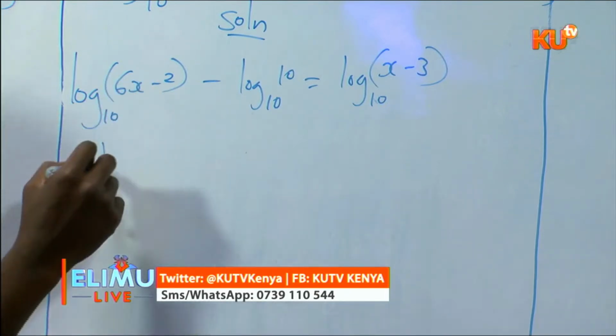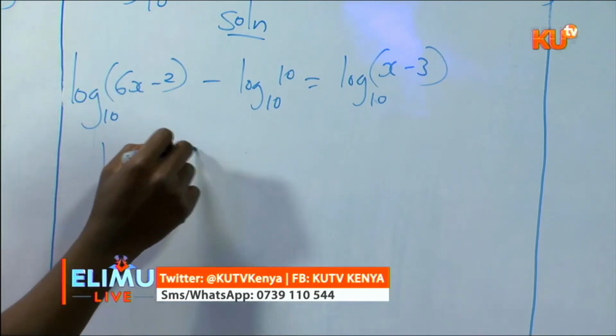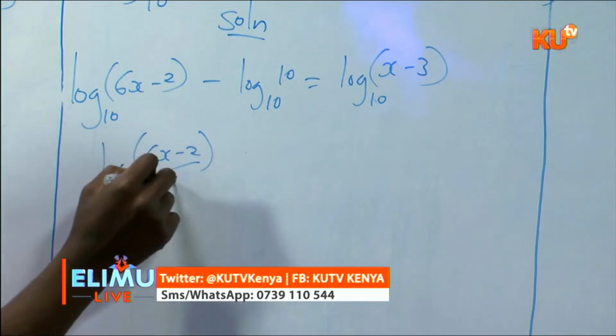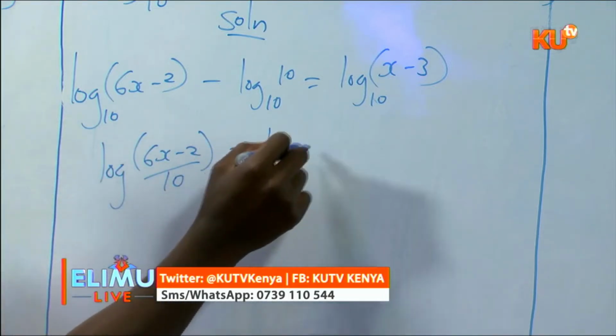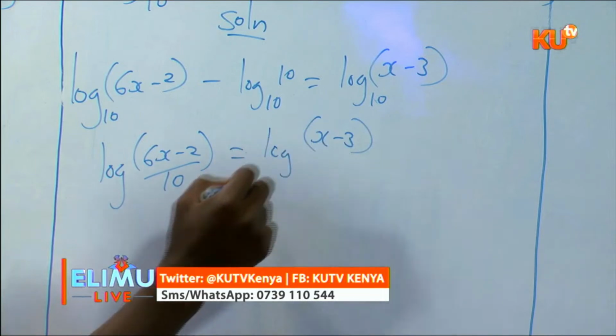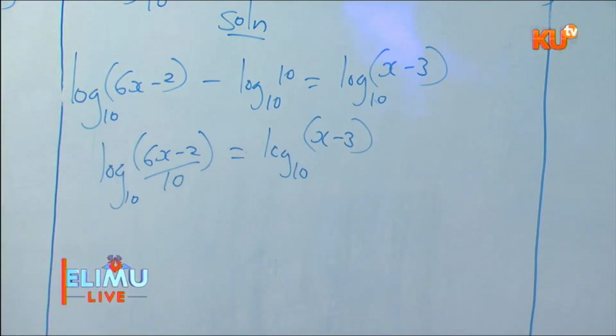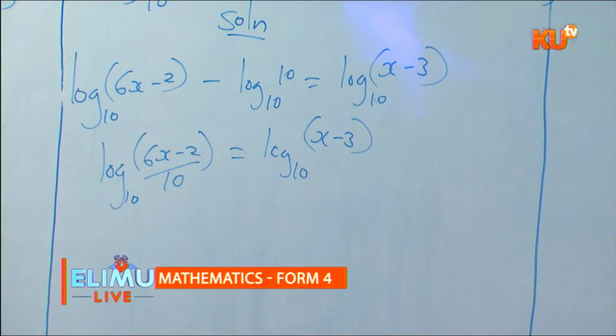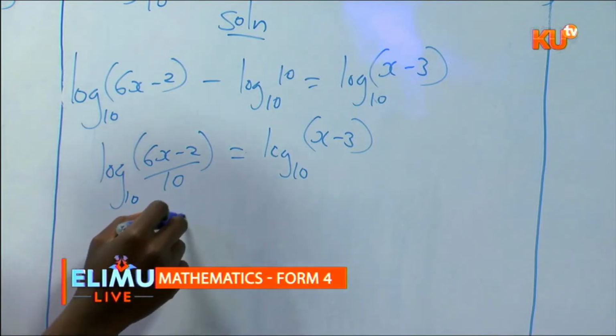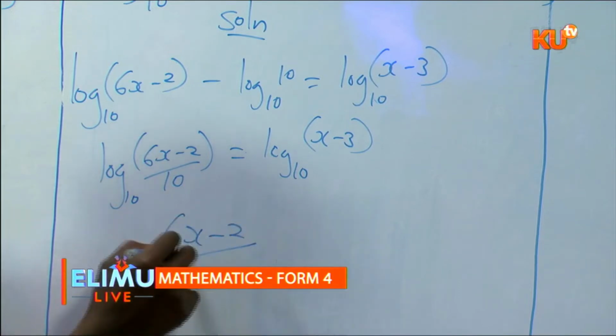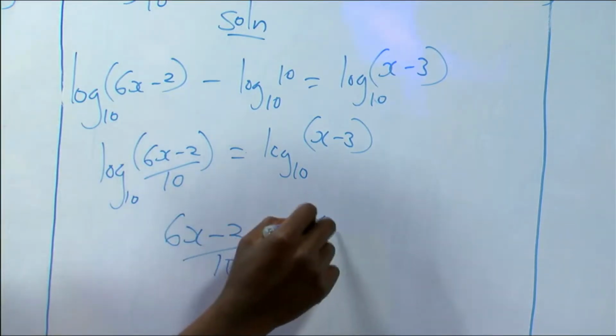Subtraction, so we have log of 6x less 2 divided by 10, equal to log of x less 3, again base 10. So now we drop the logs. When you drop the logs, we end up having 6x less 2 over 10 equal to x less 3.